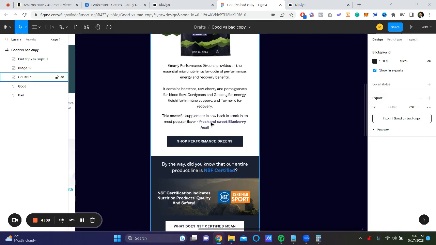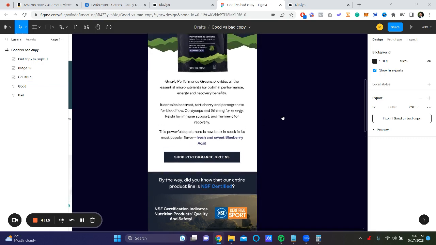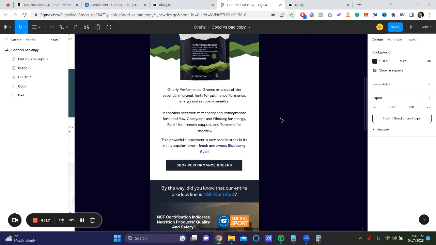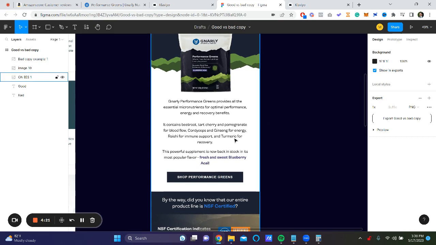And then most popular flavor, fresh and sweet blueberry acai. And now you're thinking of an acai bowl that you've had at the acai place. I don't know what it's called, but that's what you think of, or at least that's me. And this email performed pretty well, so it seems like most people related with that.